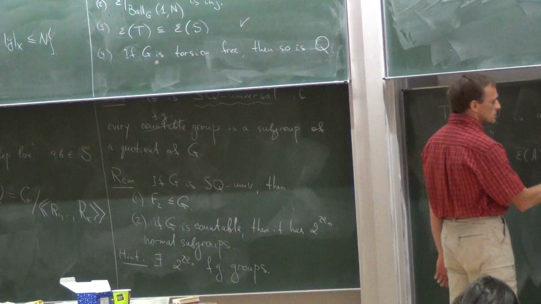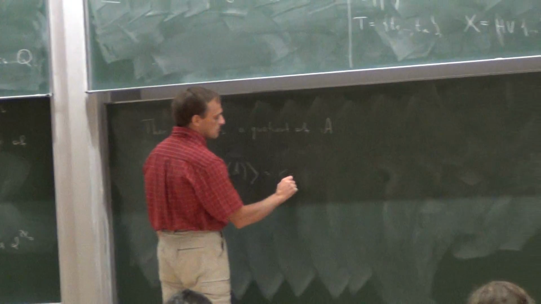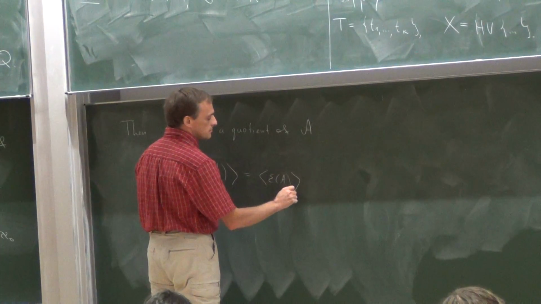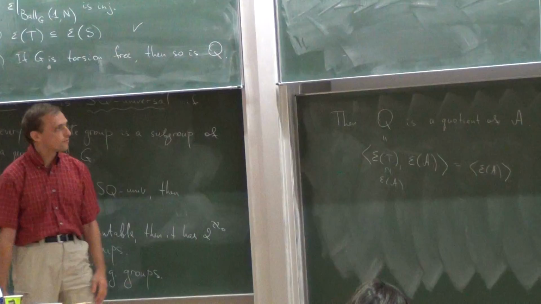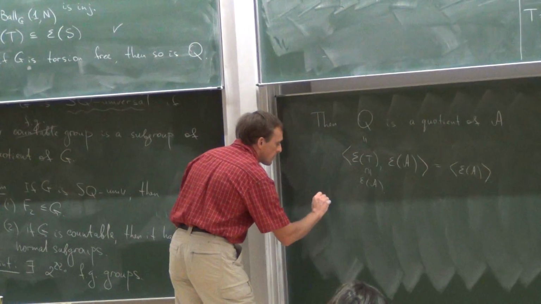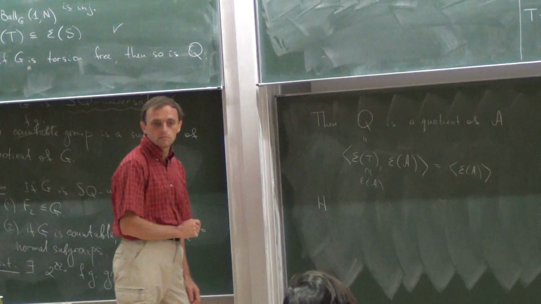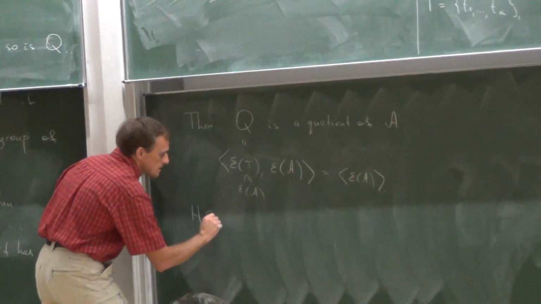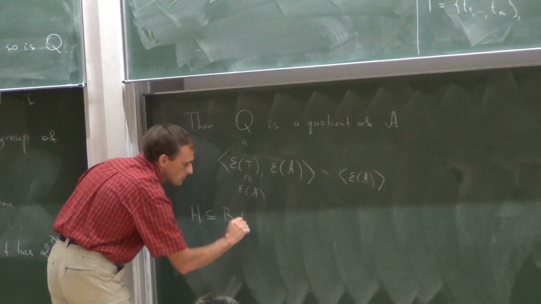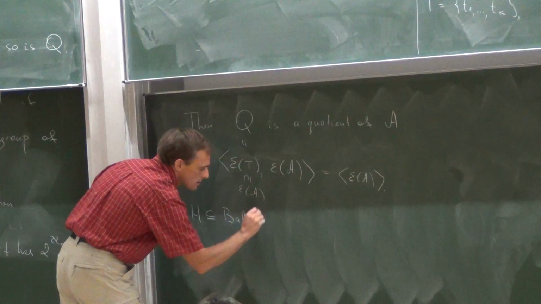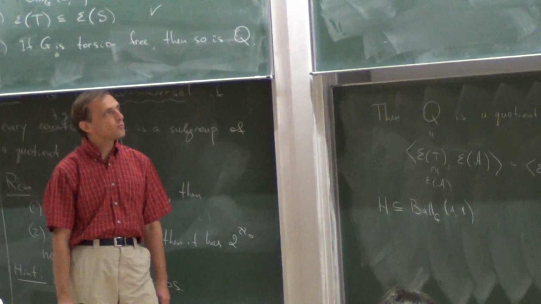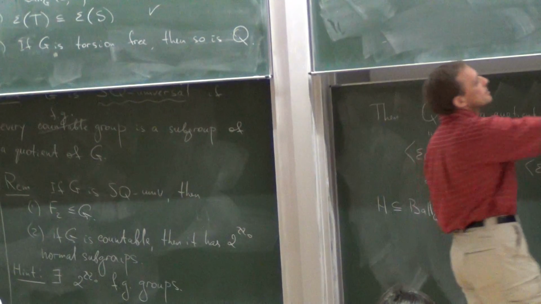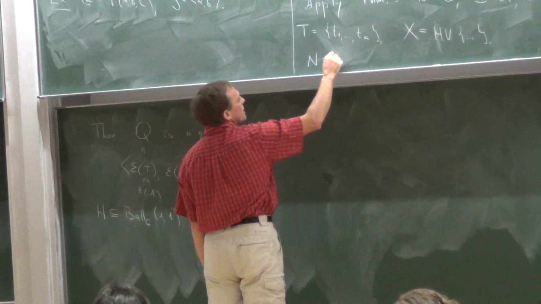So this is generated by epsilon of A, which means that it's a quotient of A. Okay? That's a quotient of A. And H, which sits inside the ball of radius 1 in my group, so I apply the theorem in the case when capital N is just 1.